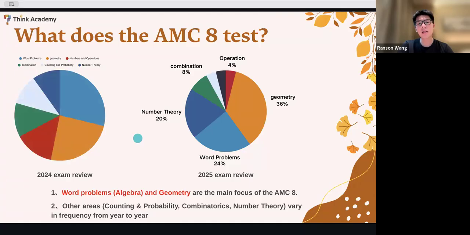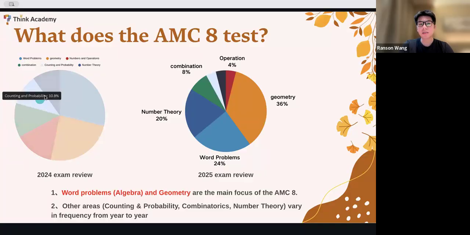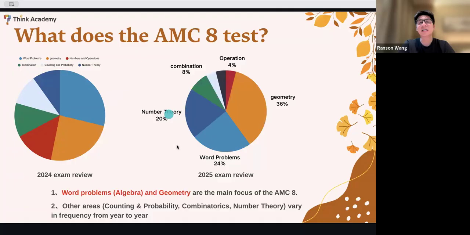The next one is a little bit fluctuating. Sometimes it can be number theory, sometimes number and operation, and sometimes even combinatorics questions in the MCA test. But in conclusion, word problems and geometry are the main focus of the MCA.